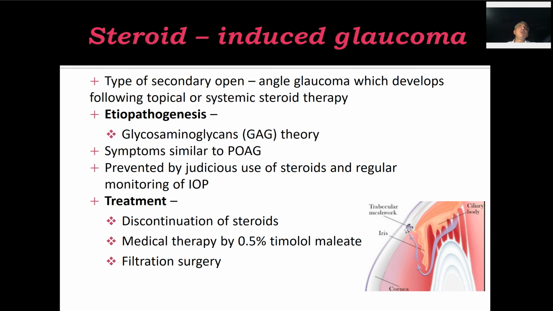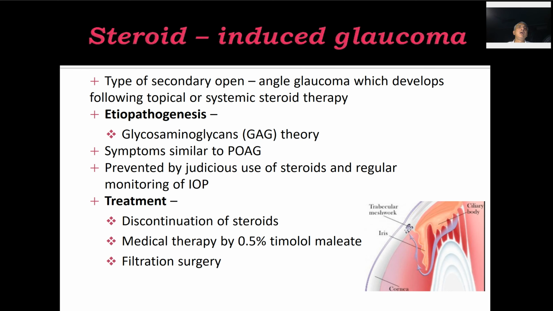So it does not happen immediately, it takes some time to kick in. Symptoms are similar to primary open angle glaucoma, and it is prevented by judicious use of steroids. It is typically seen when patients go and ask the dispensers or pharmacists for anti-allergy medication, and steroids are obviously a very potent anti-inflammatory agent.